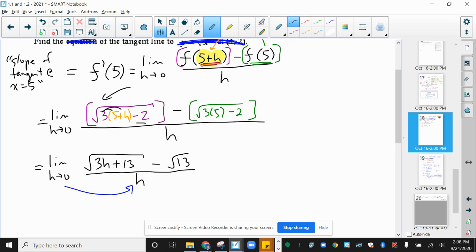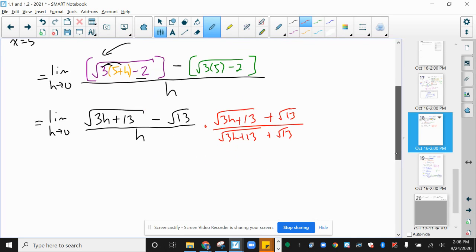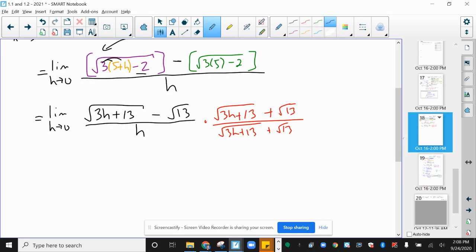How do we deal with limits that are indeterminate that involve square roots? We multiply by the conjugate. So I'll change it to a plus root 13 in the middle. And so now, as with all these conjugate questions, nothing happens in the bottom.